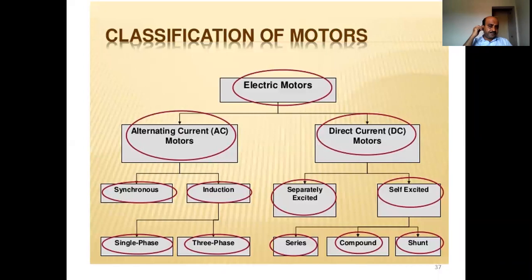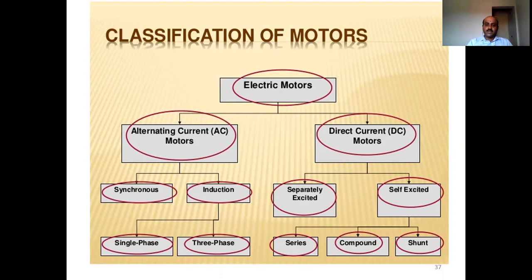Now comes the basic classification of electric motors. Electric motors are classified into two main categories. One is alternating current motors, or AC motors for short. The second is direct current motors, or DC motors. Across alternating current motors, we have synchronous and induction types, and within the induction, we have two types: single phase and three phase.